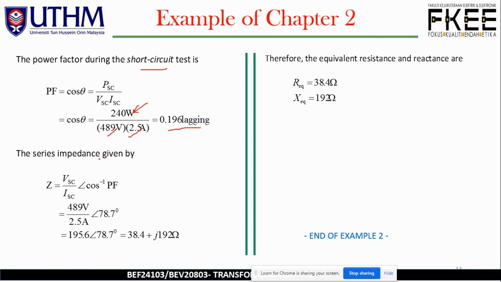So the series impedance is given by Z equals VSC over ISC at the arccos of the power factor. So arccos of this value gives us 78.7 degrees, and this is nothing but from the table in the question. So finally, the series impedance equals 38.4 plus j192 ohm.